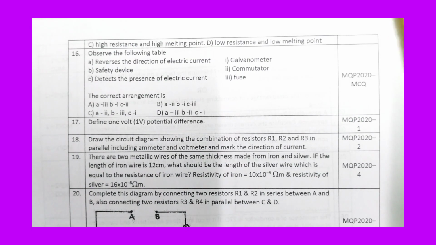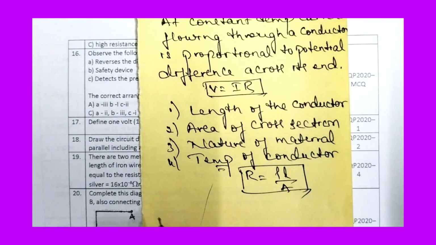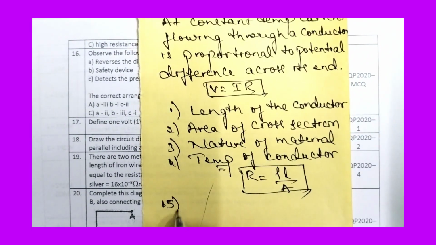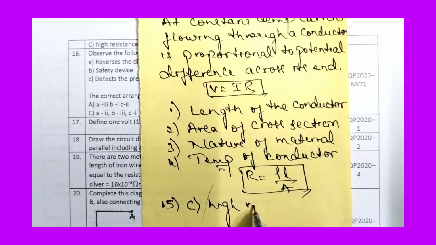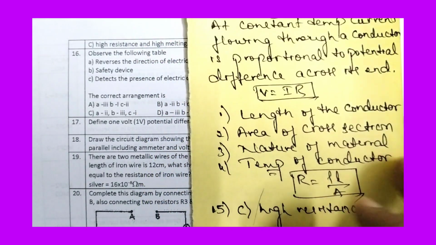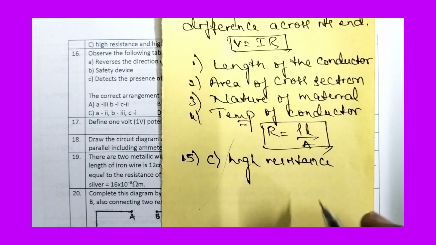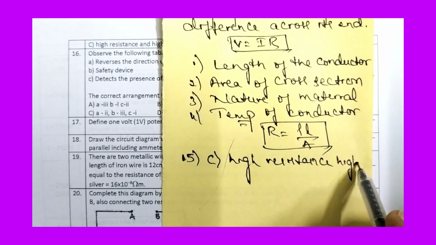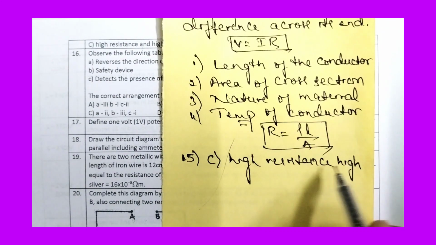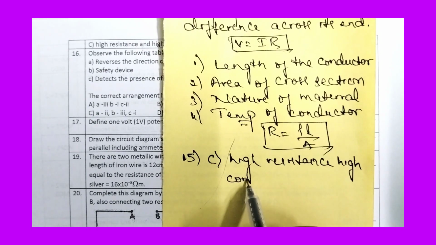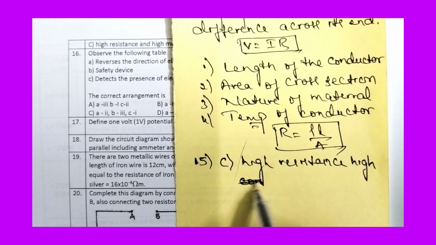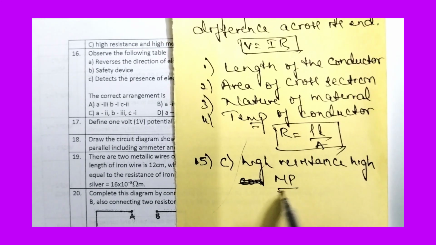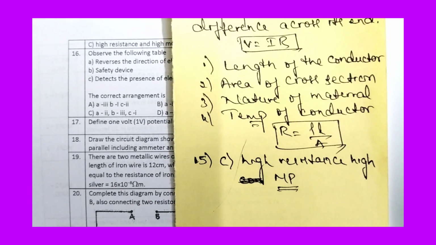So option C is the right answer for the 15th question, that is high resistance. The resistance should be high, along with high resistance, a high melting point. So the heating conductor that we use should have high resistance, and it should also have a high melting point. So this is the answer for the 15th question.